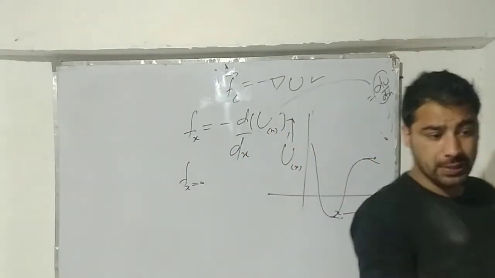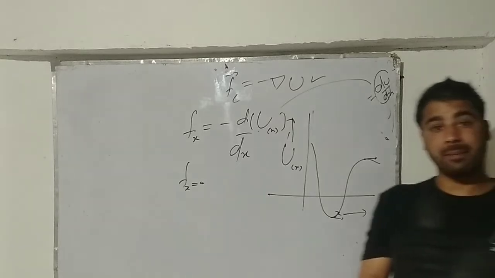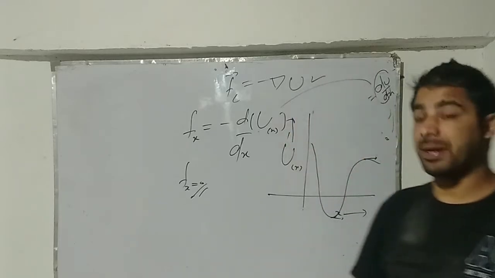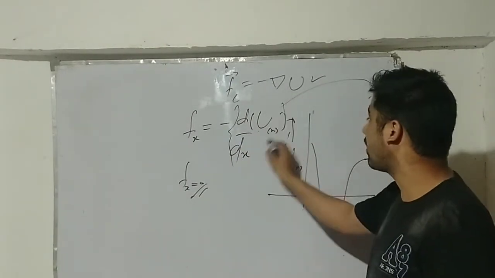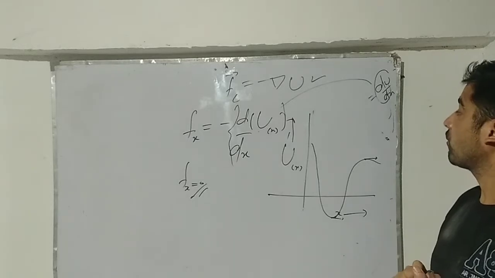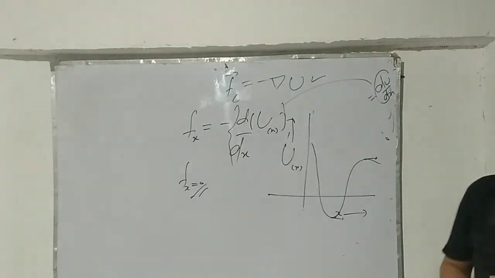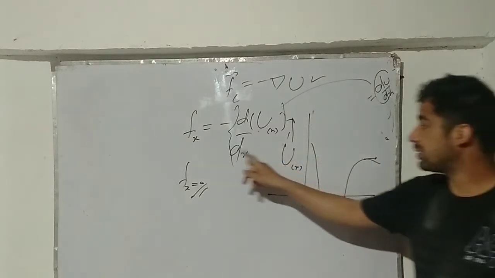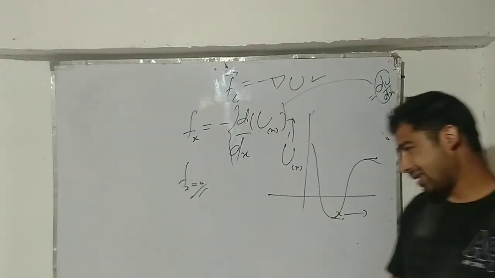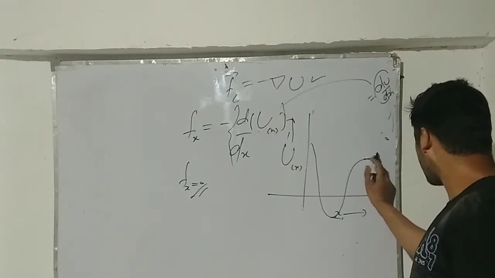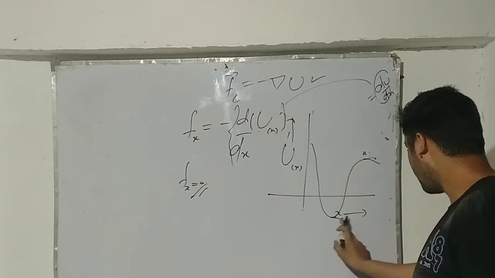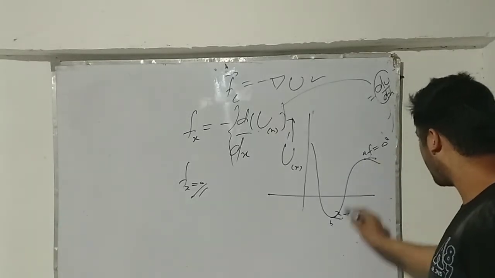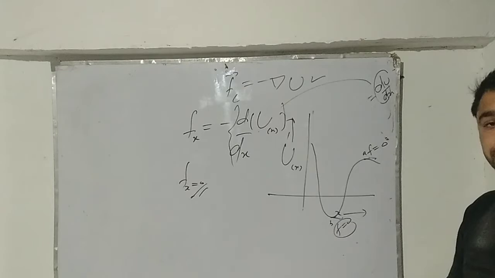When the slope of the potential energy curve with respect to the position comes out 0, I can say that my force will be 0, because force depends on the slope of the potential energy curve. If the slope comes out to be 0, in turn my force will be 0. So I can easily say that, if I label this point A and this point B, the force at this point will be 0, and the force will be 0 here.